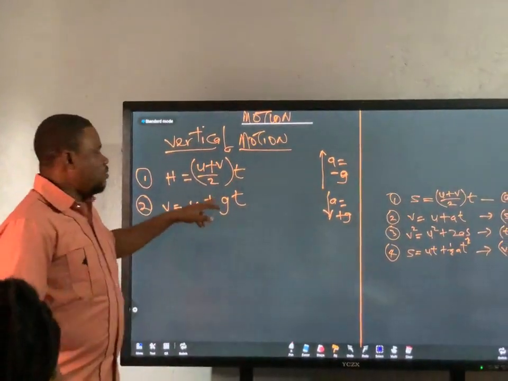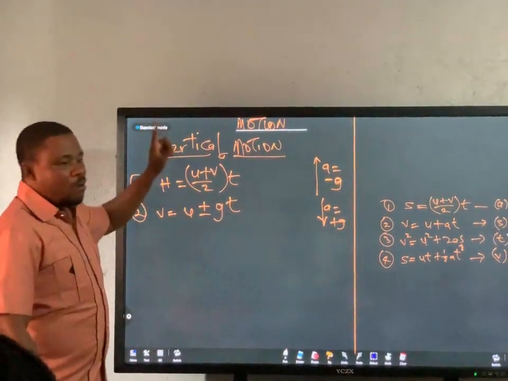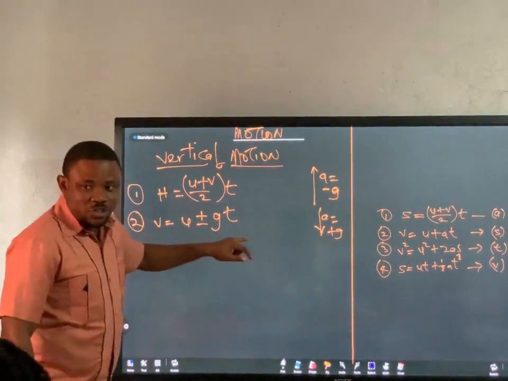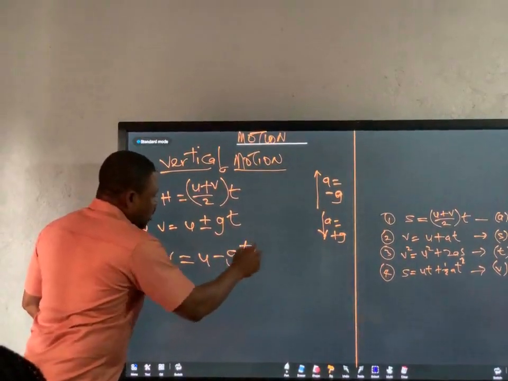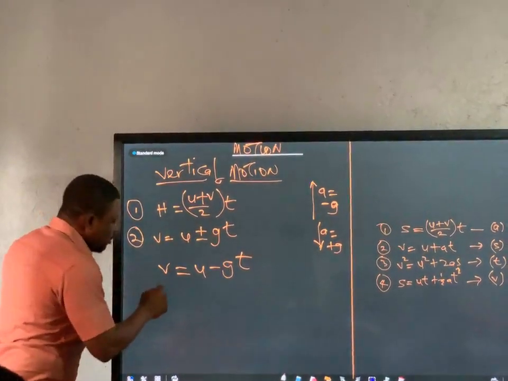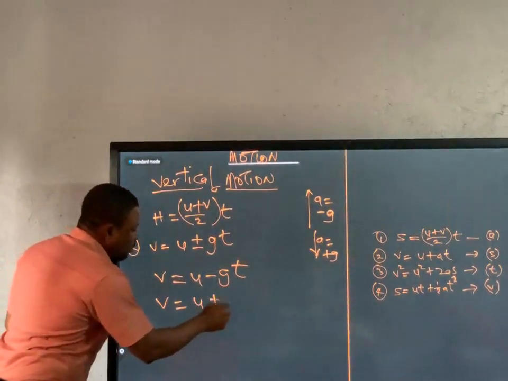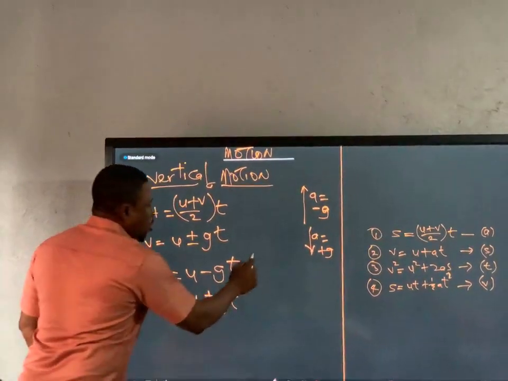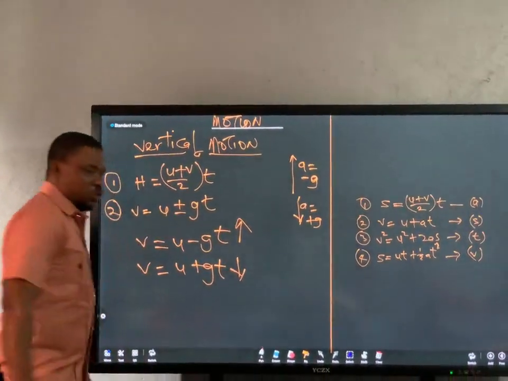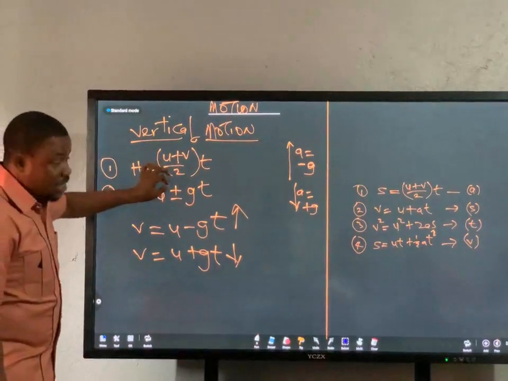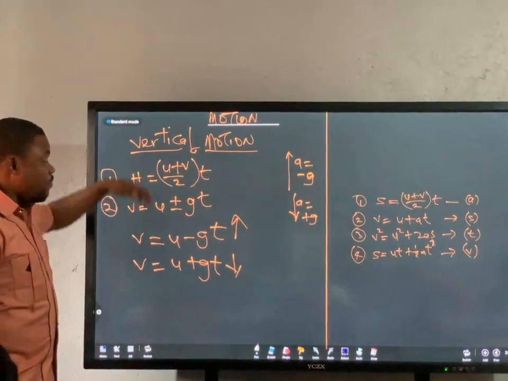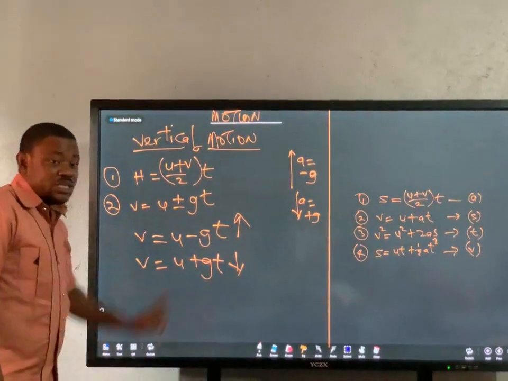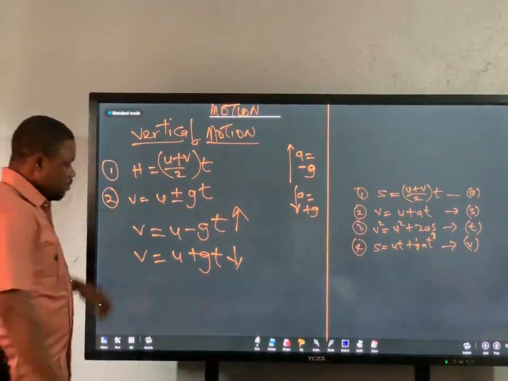A becomes G. If I'm going up, it's going to be minus GT. If I'm going upwards, it becomes this. If I'm going down, it's U plus GT. This one is upward motion. This one is downward motion. Do you get what I'm saying? That's how I put them together. So you have to choose. When it is going in the direction of gravity, the influence of gravity is positive. Going against gravity is negative.